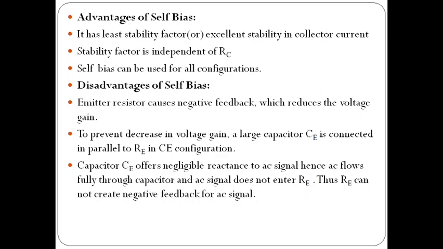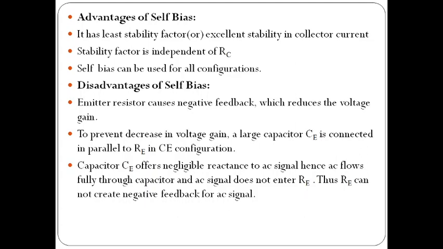What are the disadvantages of self bias? Here, the emitter resistor causes negative feedback. Again, negative feedback itself is a drawback. Why? Because negative feedback always reduces the voltage gain. When we consider an amplifier, we always prefer higher voltage gain.